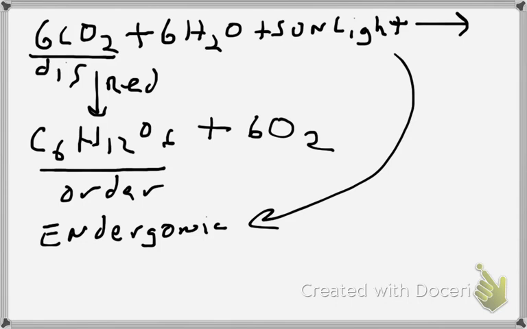How do you know they get reduced? Because we see that these carbons go from being bound to oxygens to being bound with hydrogens. So where are those hydrogens, those electrons, coming from? They're coming from water. So water gets oxidized to oxygen.